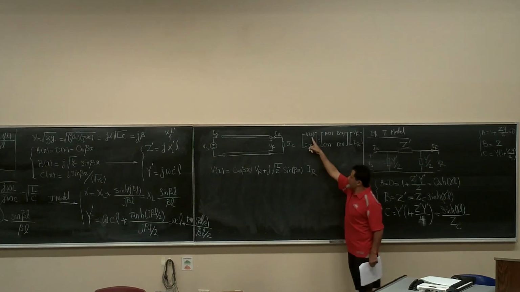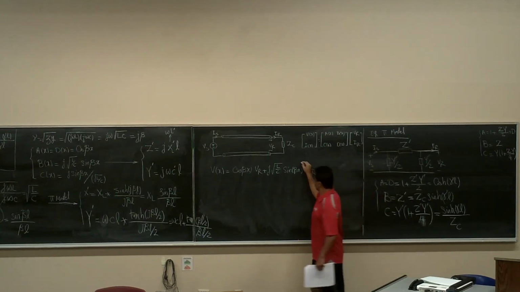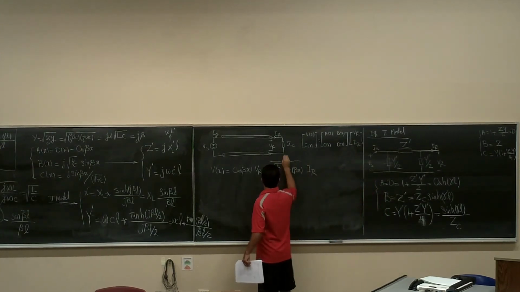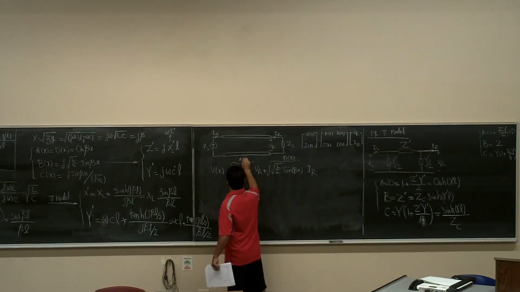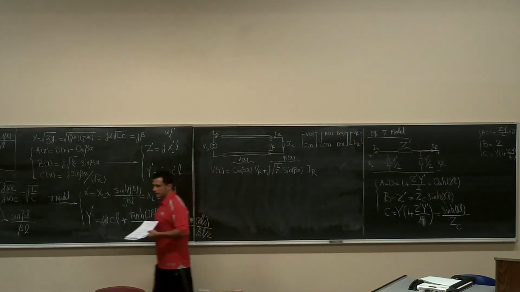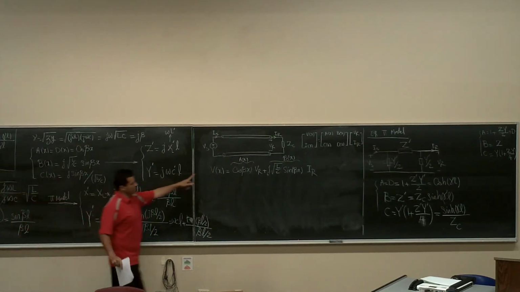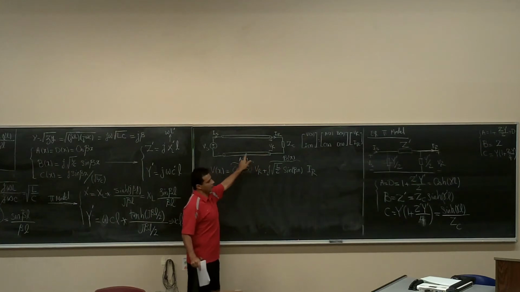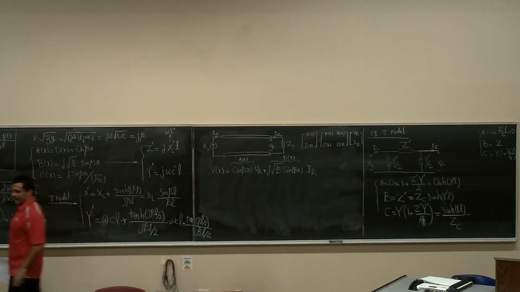So Vx is equal to Ax times VR plus Bx times IR. This is Vx and this is Ax. And x could be anywhere, could be here, here, here, anywhere. I just want to see the relation between Vx and VR. It's very interesting.